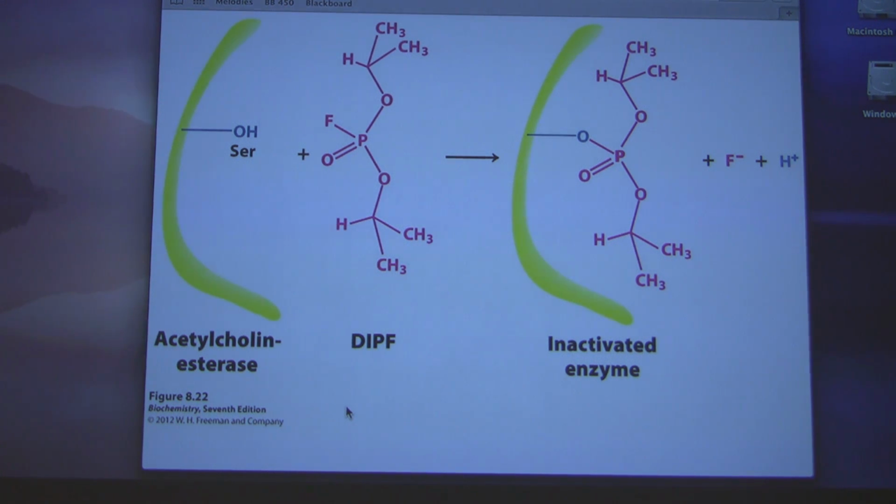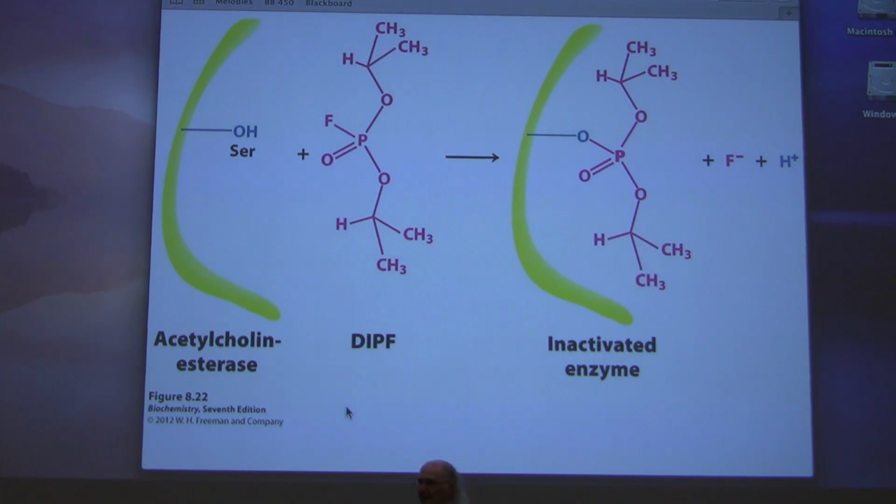That is, proteases that have a serine in their active site. This particular chemical is called DIPF, and it has a much longer name, but you can call it DIPF. In fact, I don't even remember the name of the structure off the top of my head. But this molecule is specific for the side chains of serine. It's not specific for active sites. It's not specific for enzymes. It's specific for the side chain of serines. So any side chain of serine in any enzyme can be bound covalently by this DIPF molecule.